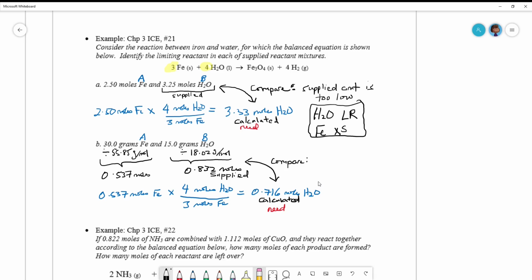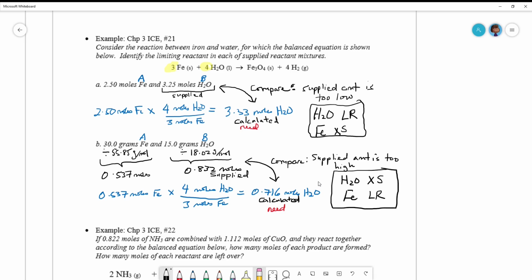Supplied amount is too high. And that means we're not going to use all of that water. We have too much water. And our conclusion is that water is now the excess reactant, which means by default, iron would be the limiting reactant.